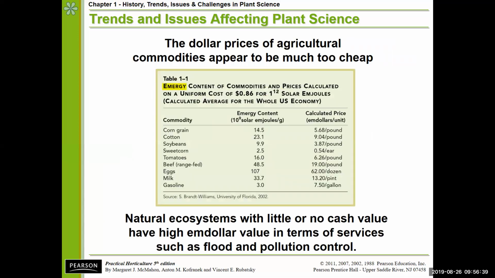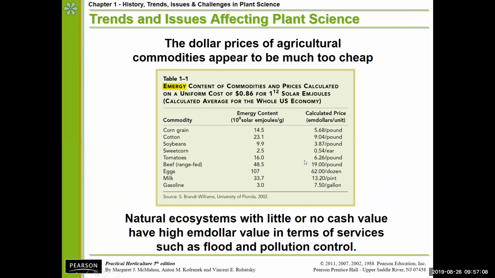I highlighted this term here, emergy, energy with an M instead, and basically that just means embedded energy. What we're looking at in terms of our crops is that the embedded energy cost doesn't really match up with the actual price that you pay in the grocery store. Kind of an interesting thing to think about.